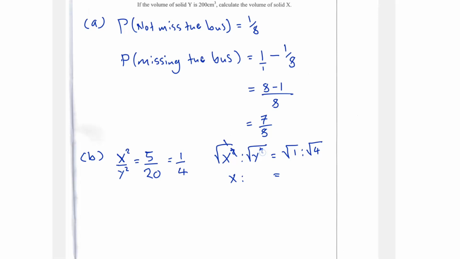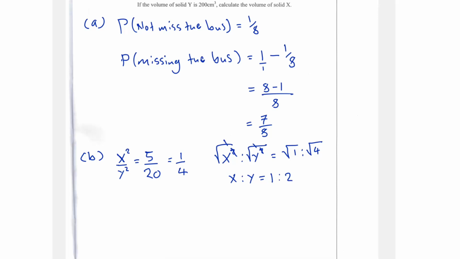This and this will cancel out, and then what you have is just x and y. The square root of 1 is just 1, and the square root of 4 is just 2. So we have this now.